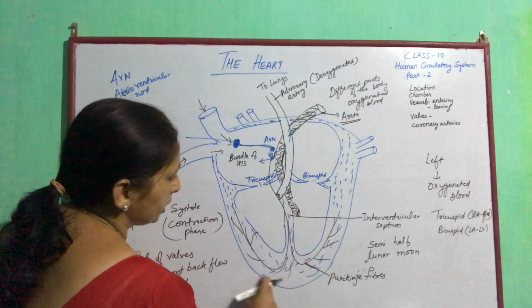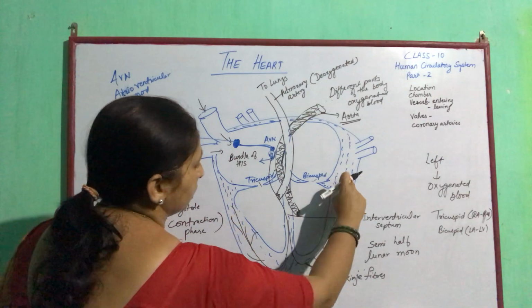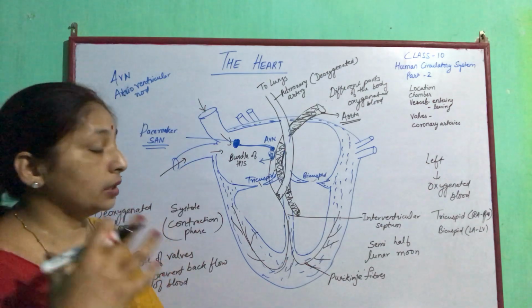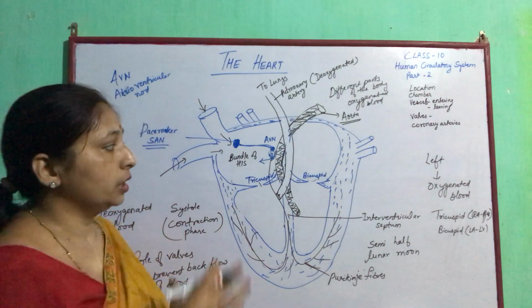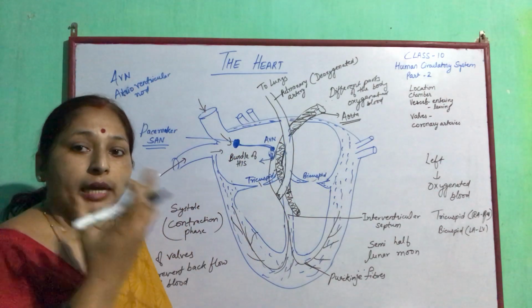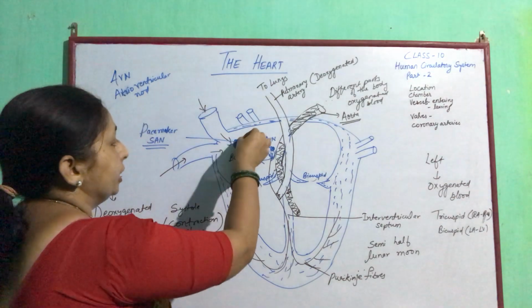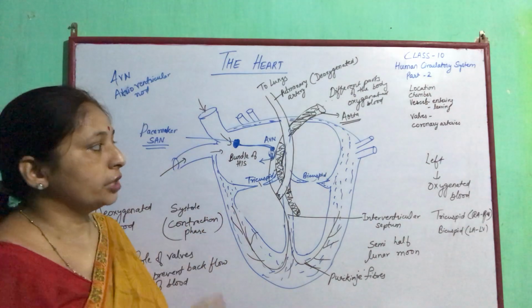It carries the impulse along the interventricular septum and along the ventricular muscle. These fibers carry impulses throughout the heart to create pump, contraction and relaxation in the heart, and this is initiated by the pacemaker. This is all about the structural details.